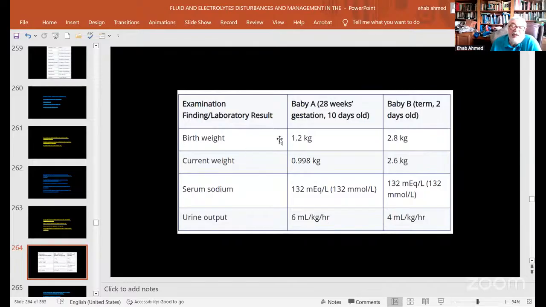The birth weight for the 28-weeker is 1,200 grams. For the term, 2,800 grams. Current weight at the age of 10 days for the preterm is 998 grams, so lost a good amount of grams. For baby B, current weight at the age of 2 days is 2,600 grams.